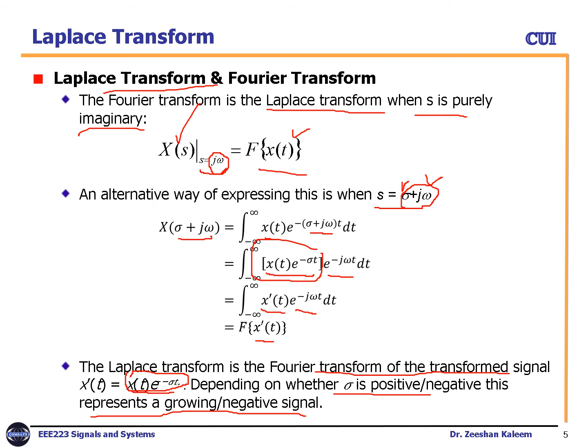So the Fourier transform and Laplace transform are similar: when you multiply x(t) with some exponential and then take the Fourier transform, it is the Laplace transform.